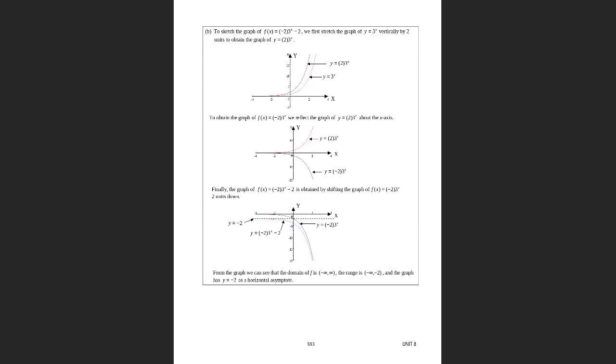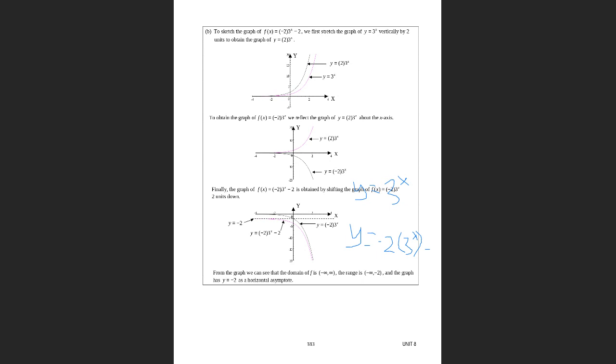And so in the same way, the original graph is like this: y equals 3 exponent x. And you can easily use this original graph y equals 3 exponent x to sketch the graph y equals negative 2 into bracket 3 exponent x, minus 2.